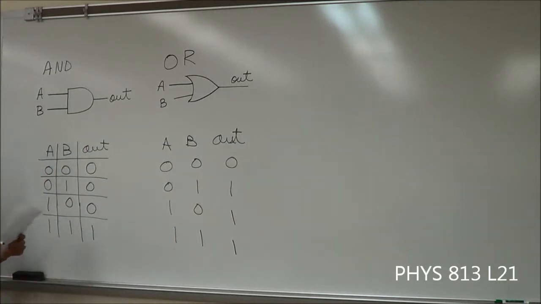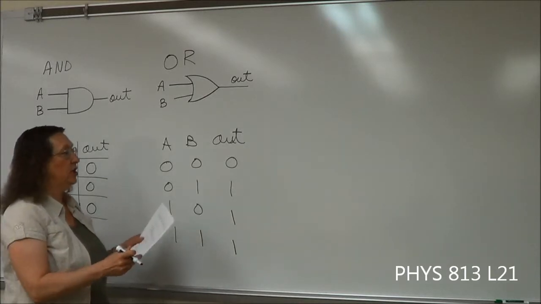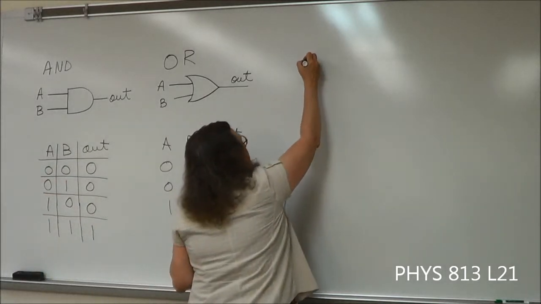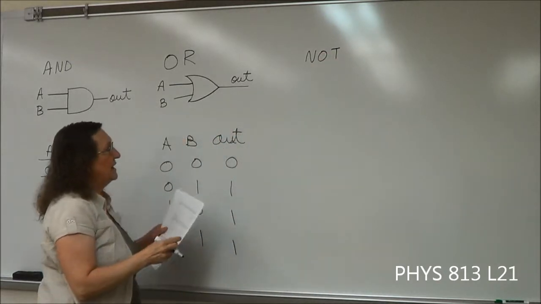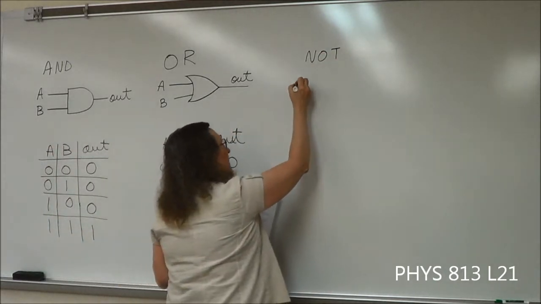Okay? So that's the AND gate, and then the OR gate. Then we have a NOT. So the gate looks like this.